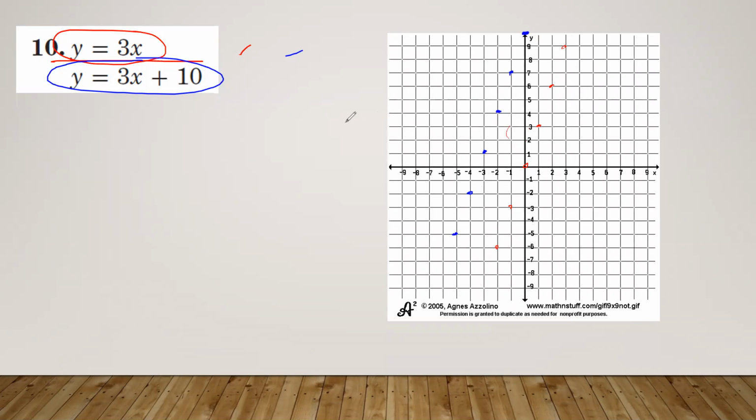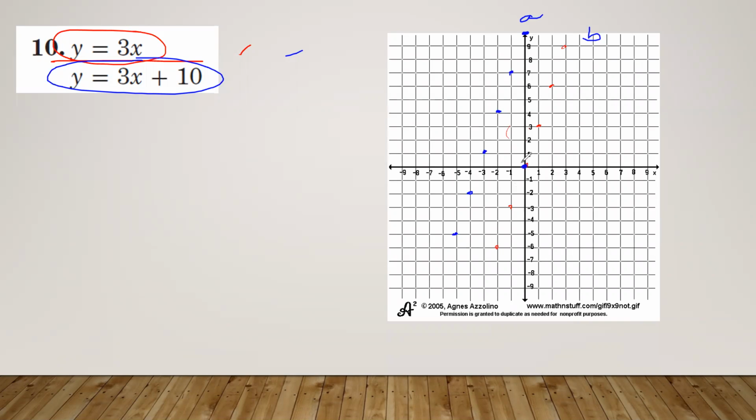And then what you want to do is sketch a line that goes through the y-intercept, okay? So we're going to call this line A and this one line B, okay? Now, this line crosses the y-intercept at 0, so I know I'm going to be going through this point.